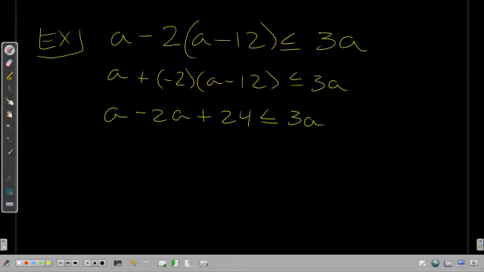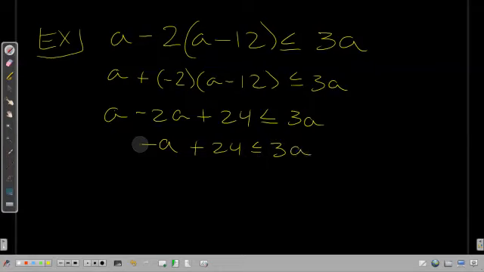Now we can combine like terms. These 2 terms are alike. They both have the same variable, and that variable has the same exponent. So they combine: a minus 2a, that's minus a. Minus a plus 24 is less than or equal to 3a.